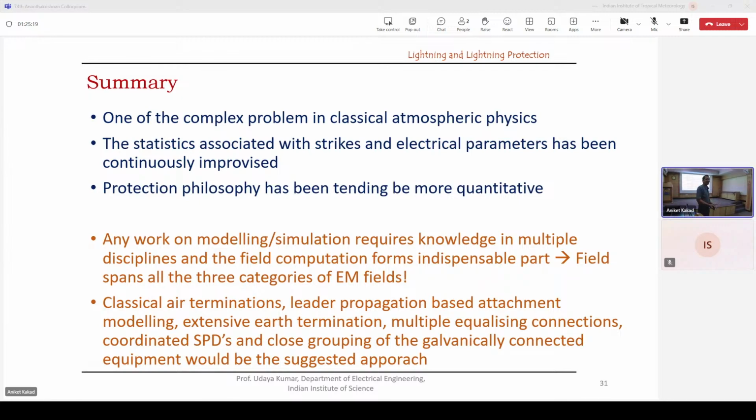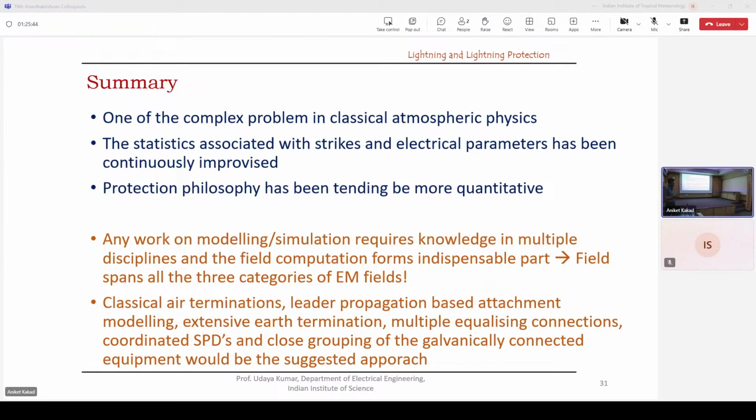The same characteristics are applicable here. Because then people realized that there could be some dependency on the local geography and other dynamics, so we need to make measurements. So we are far away. Hopefully with the National Lightning Detection Network, we'll have a better idea of what's happening here, so we have a more reliable database for designing protection systems.